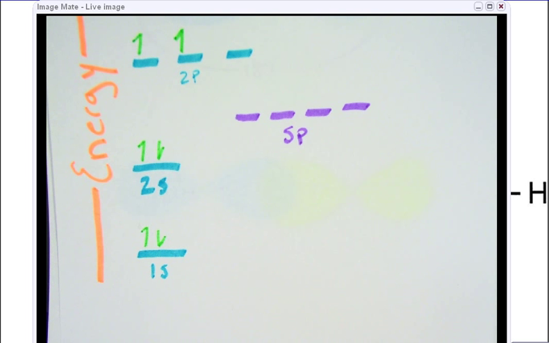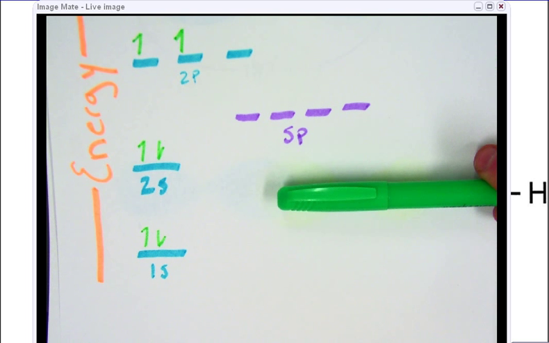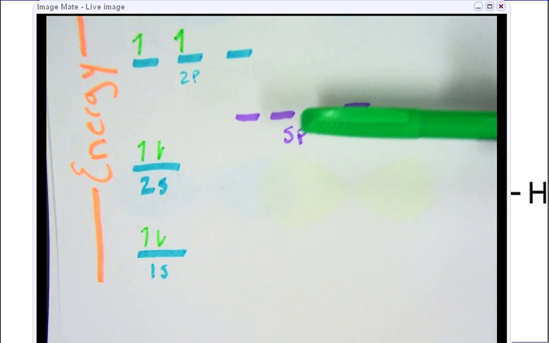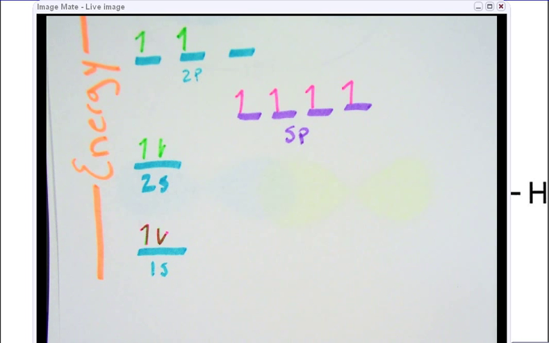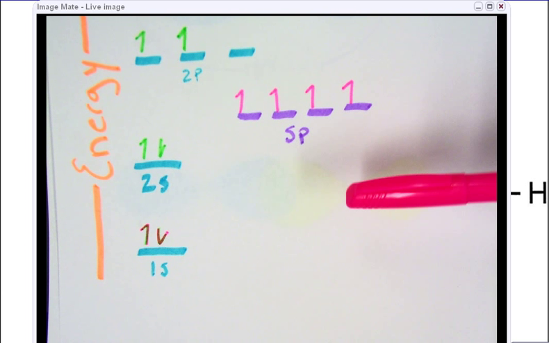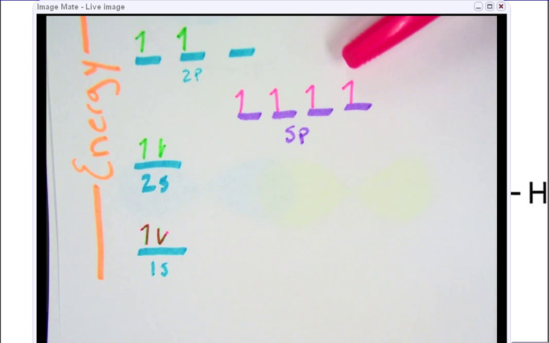However, when it forms an sp hybridized orbital, it combines the p and the s into a lower orbital. So while the s's actually gain energy, the p's drop down. Also, you'll notice that there is now no pairing, and therefore it is more stable or has less energy with those electrons.